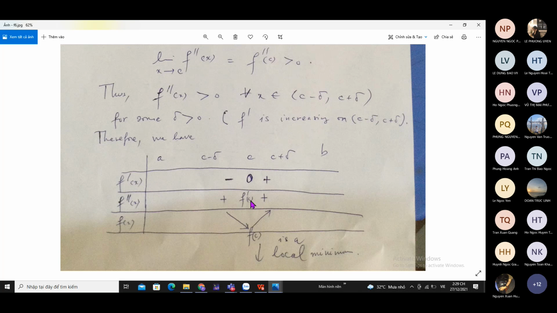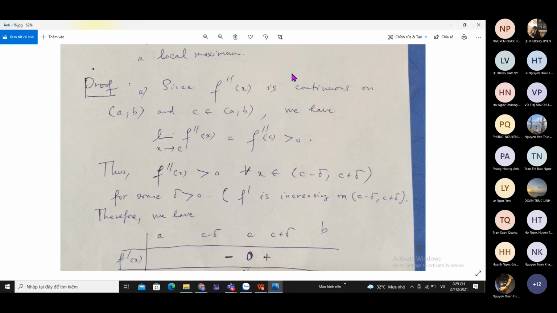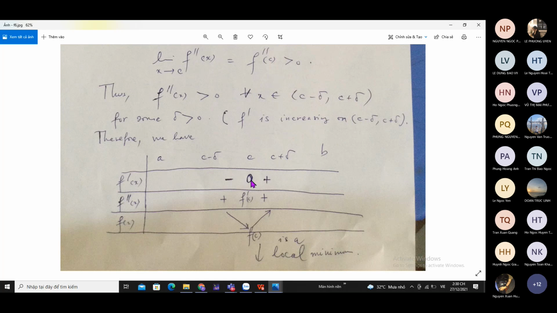And you have got f prime of c equals 0 by our assumption here. So you have got 0 here. And keep in mind that f prime is increasing. And that's why f prime is positive on the interval to the right of c, because f prime is increasing and f prime of c equals 0.